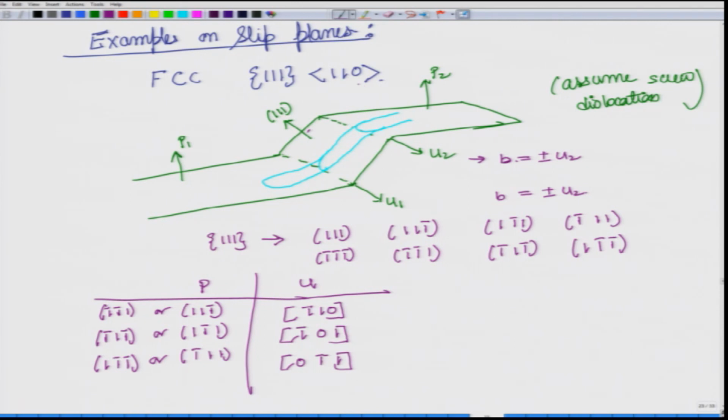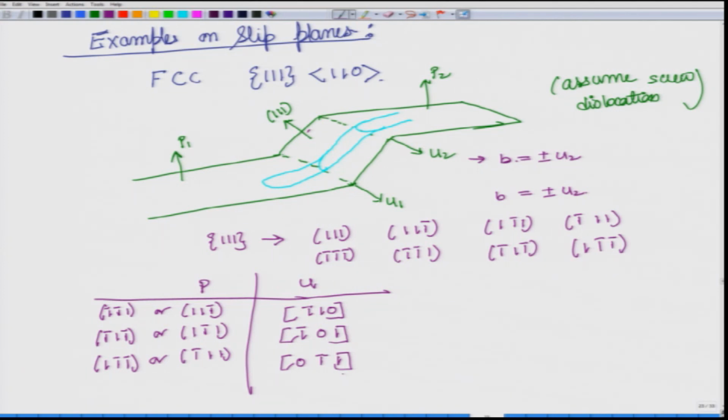If P is 1 bar 1 1, then the common line vector of the type <1 1 0> has only one possibility, bar 1 0 1. If bar 1 1 1 is the plane, then this is the only possibility for this direction, and therefore we have these possible sets of P and U. Corresponding to this P, this is the only possible U. If this is P1, this is the only possible U1.